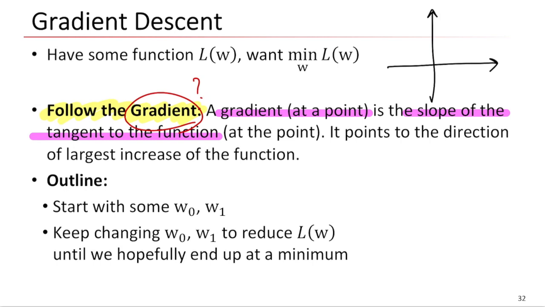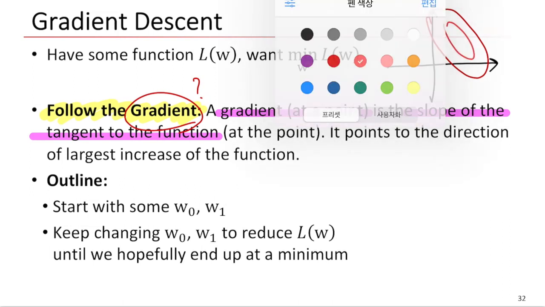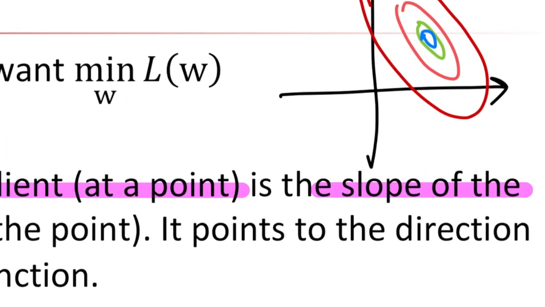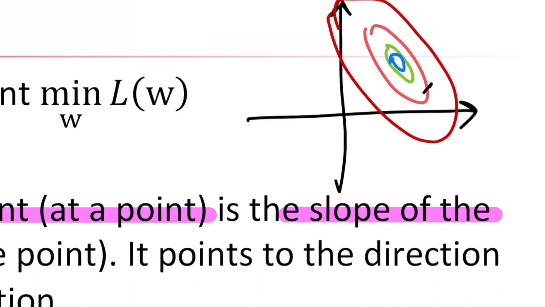Let's draw some contour figure like this, right? Okay, let's think about this. This is the parameter space of W0 and W1, something like this. And these colors mean the values of this loss function, right?